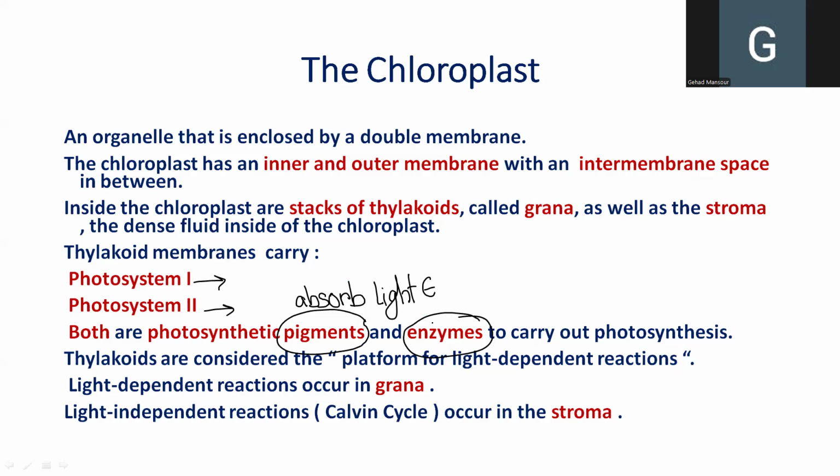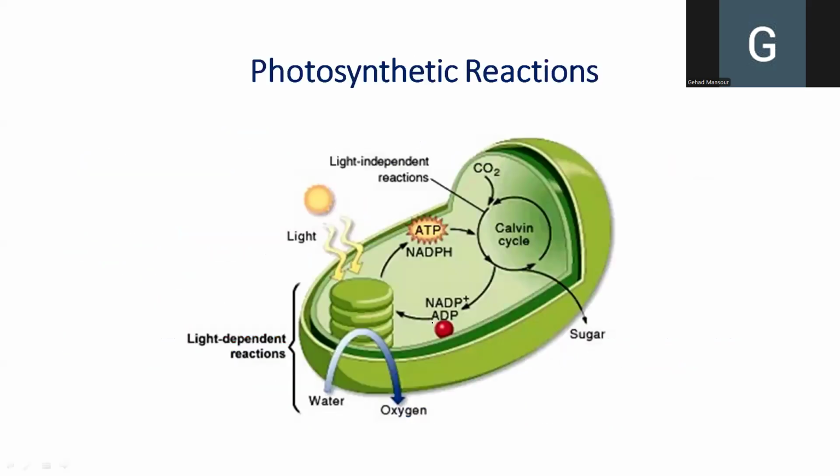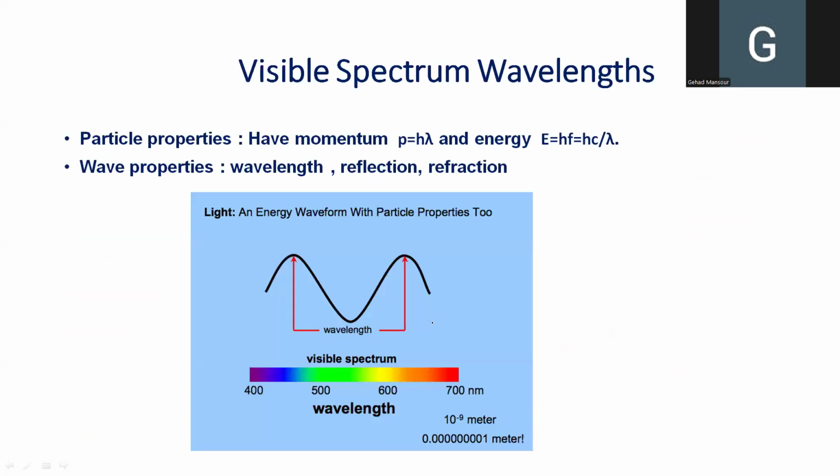So the thylakoids, with their membranes that carry the pigments and enzymes, are thought to be the platform for the light-dependent reactions. So the light-dependent reactions occur on the thylakoid membrane that surrounds the grana, and therefore occur in the grana, whereas the light-independent reactions, or the biochemical pathway of the Calvin cycle, occur in the stroma.